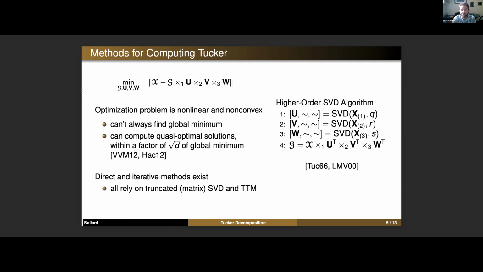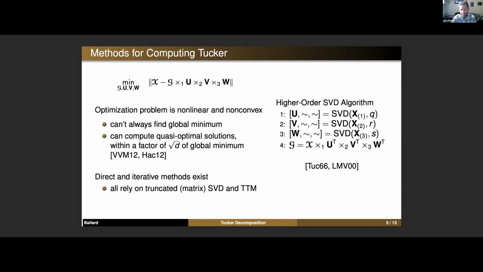What that means is the solution that our algorithms find, we can't guarantee that it's the best, but we can guarantee that it is within a square root of the number of modes of the best approximation error. In this example, I've got 3 modes. The square root of 3 is very small. So we can get within 70% of the optimal solution, which is more than I usually ask for. Okay, so our solutions can be very good.